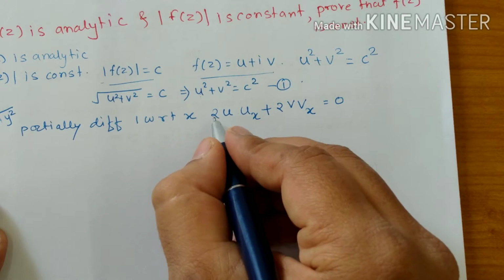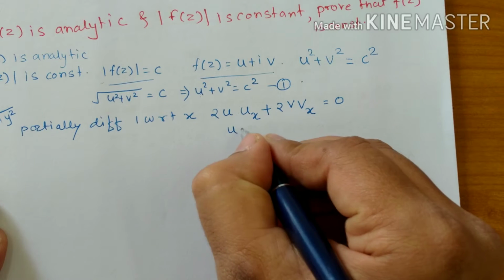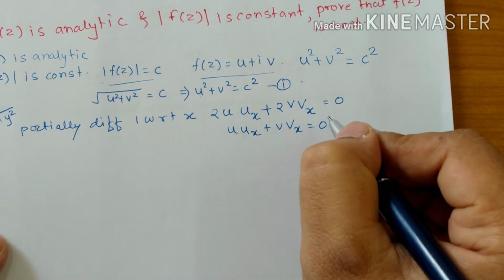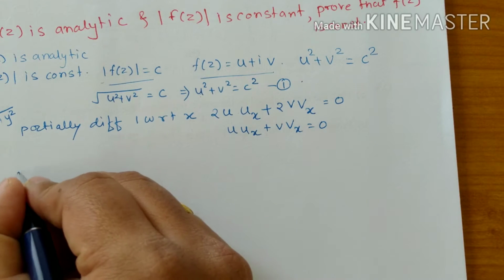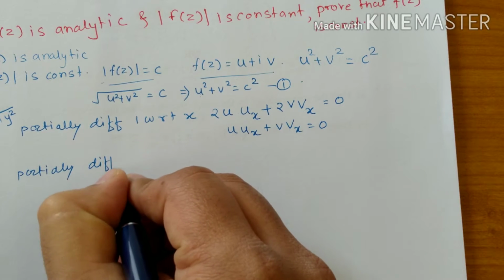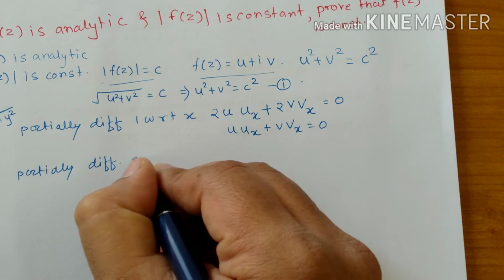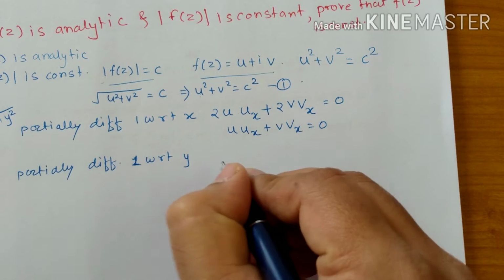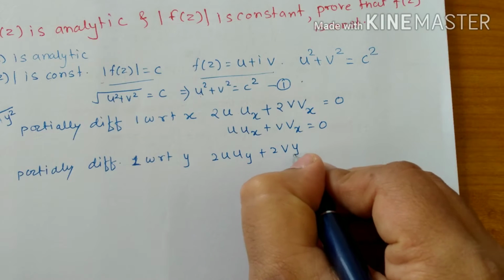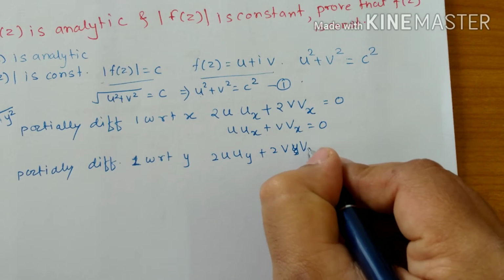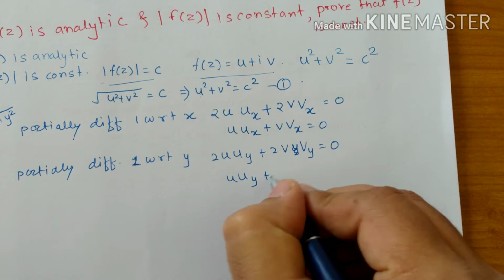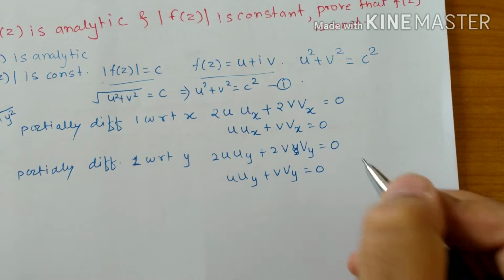Taking 2 common, we get u ux plus v vx is equal to 0. Similarly, partially differentiating 1 with respect to y, we get 2 times u uy plus 2 times v vy is 0. Therefore u uy plus v vy is 0.